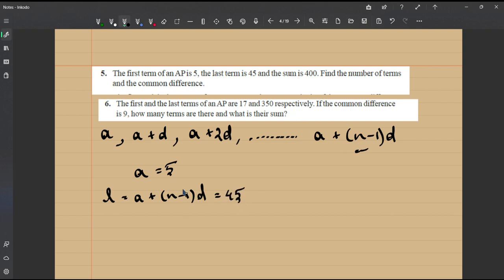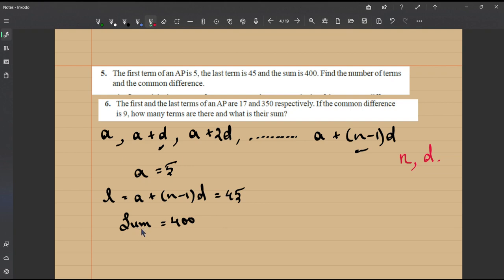Now the sum is also given. For this particular arithmetic progression, the sum of all the terms is given to be 400. Now our duty is to find the number of terms in this AP and this common difference D. So we'll have to find what is n, the number of terms, and what is D. So let us proceed.